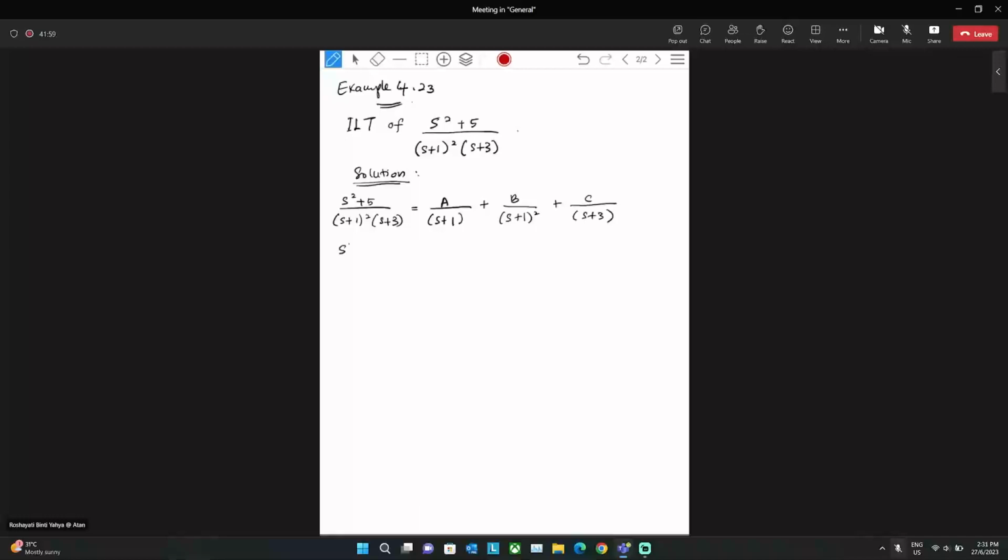So compare: s squared plus 5 equals a multiplied by s plus 1, and then s plus 3, plus b s plus 3, plus c s plus 1 squared.